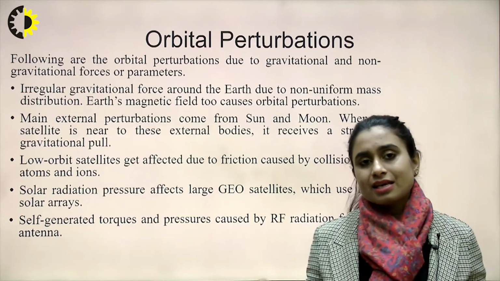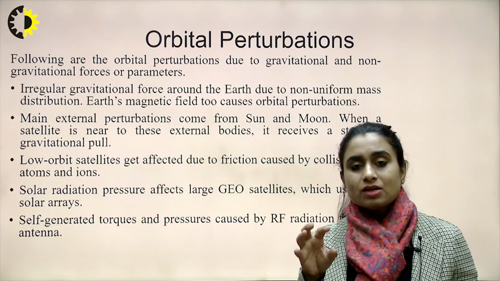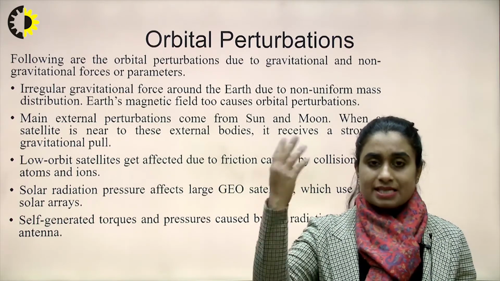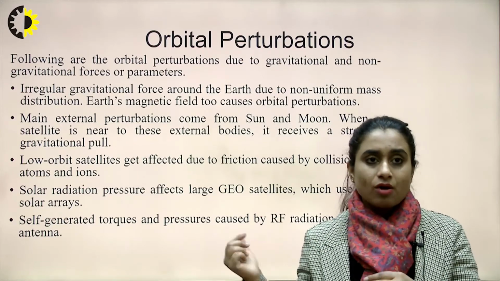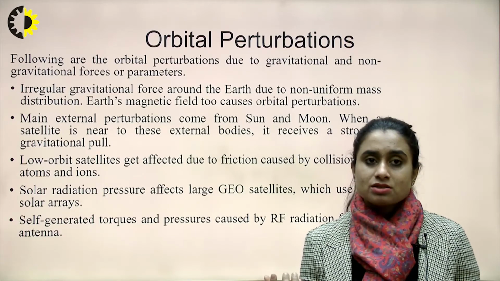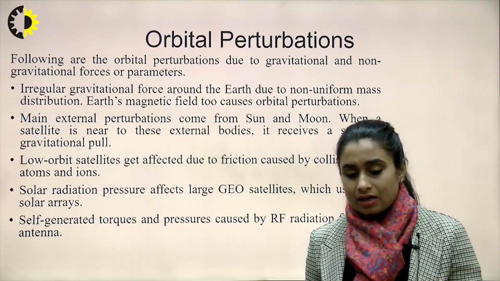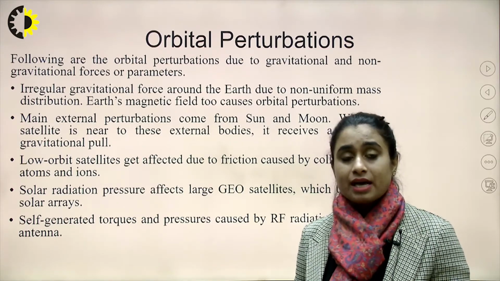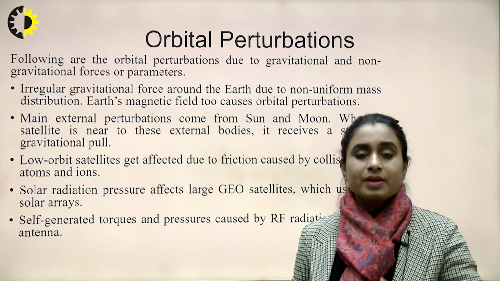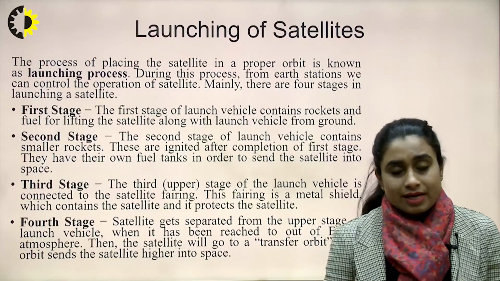So these are the things, in spite of exact calculation and well monitored placing and well monitored mechanism of satellite movement, there are some reasons because of which satellites do deviate from their path with time. So there are remedies to this as well. We have various means by which these can be fixed, which we'll be covering in our upcoming lectures, right?